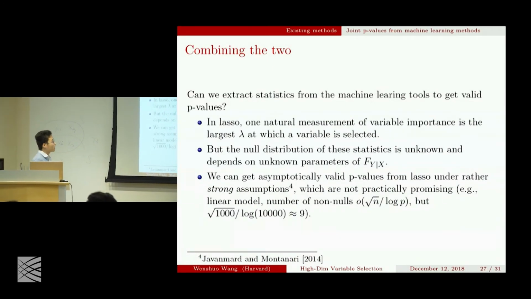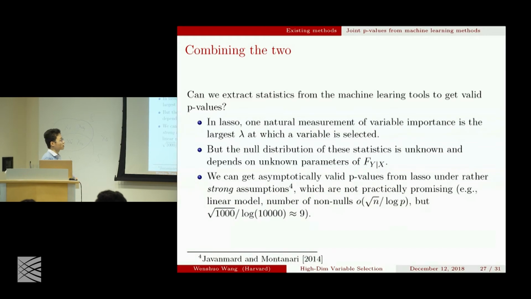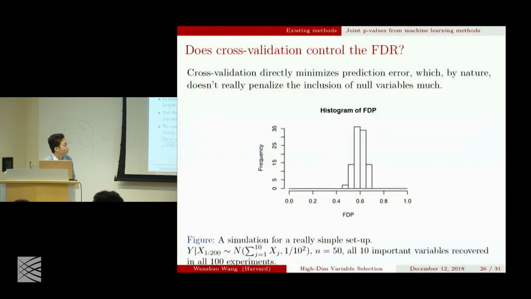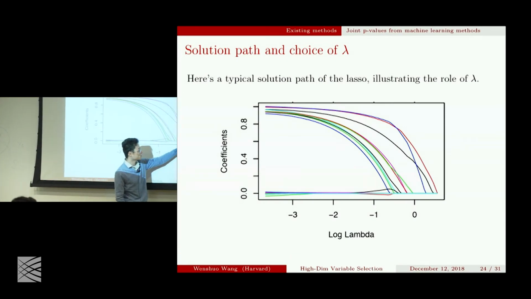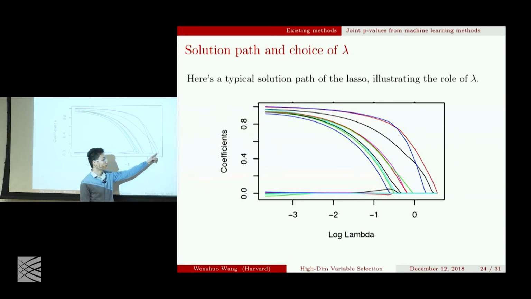Okay, so how about we try to extract some information from the lasso and turn that into p-values? Can we do that? To do that, we need a measurement of variable importance, and one natural choice would be the largest lambda at which a variable is selected. If you look at the lasso path, for example, this variable gets selected before this variable because it's earlier on the path.